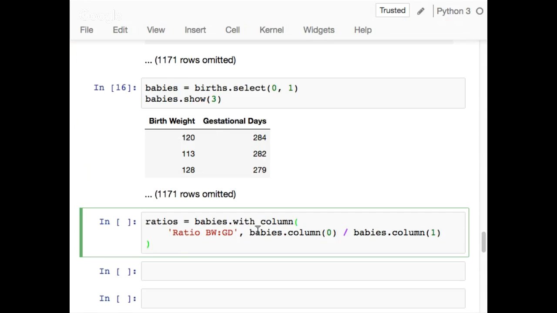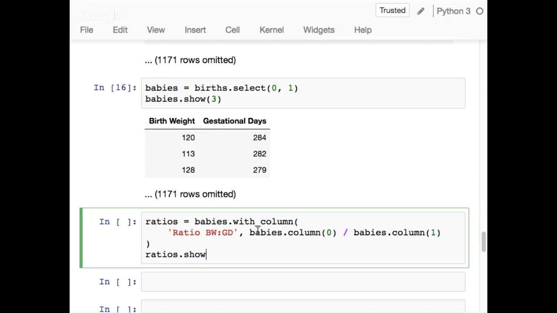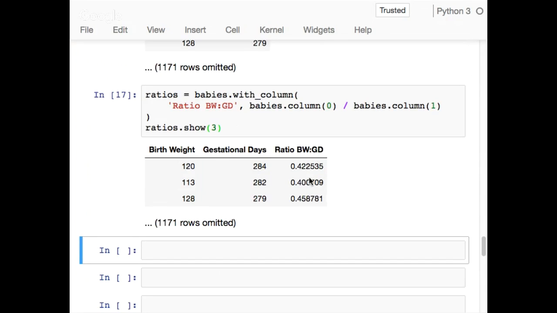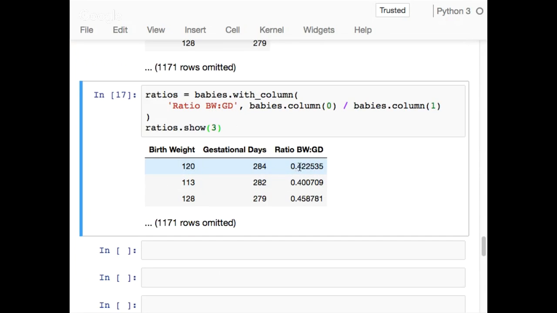Okay, fix that. Here's my ratios. So we can see here that this baby had a ratio this much birth weight to gestational days. This one had 4.4. This one had 0.46-ish.